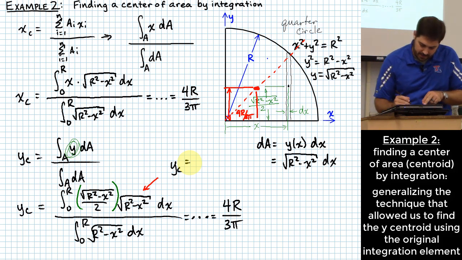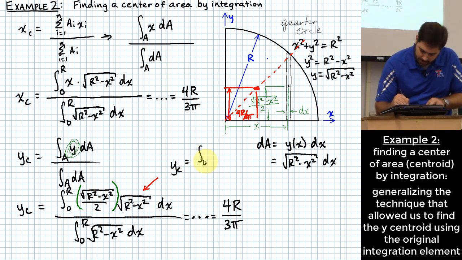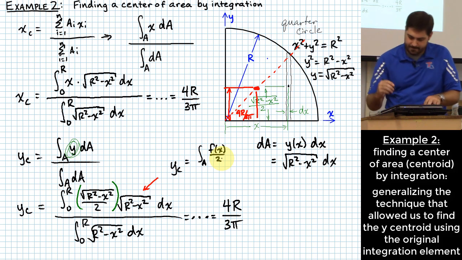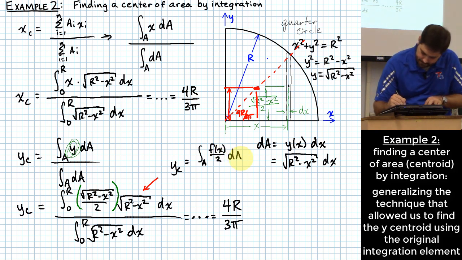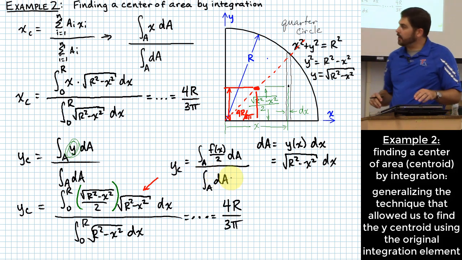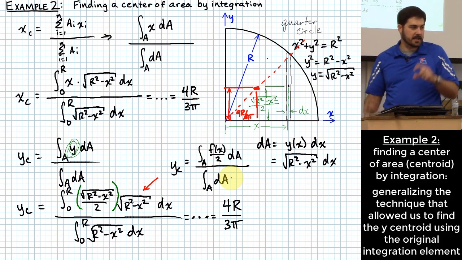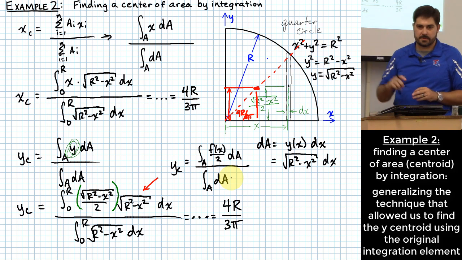You can say this is really just going to be equal to the integral over the area, right, of f of x over 2, right, dA. Right? In other words, it works no matter what the function is. You're always going to be taking half of the height to get the centroid of each of those rectangles.